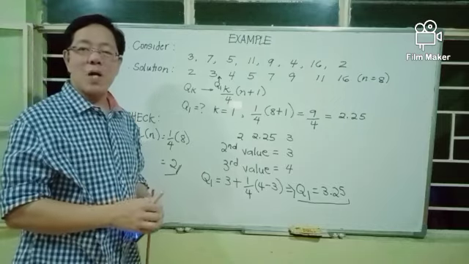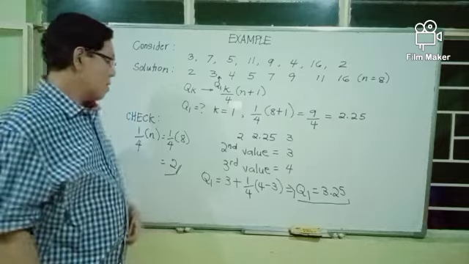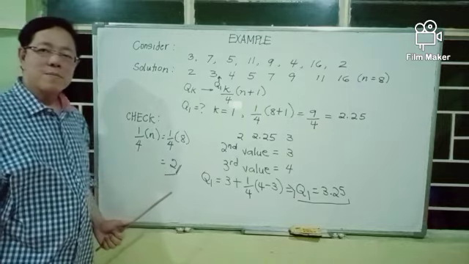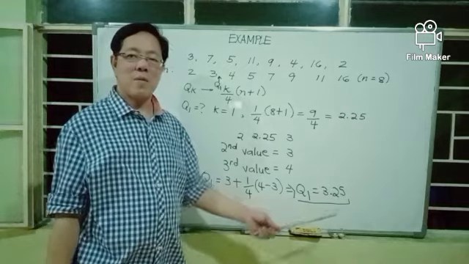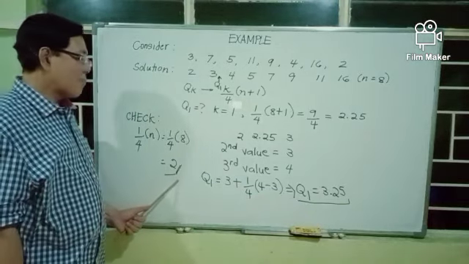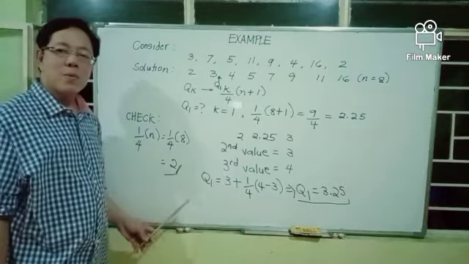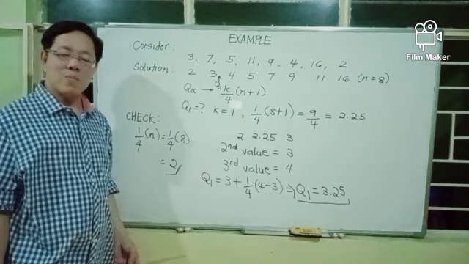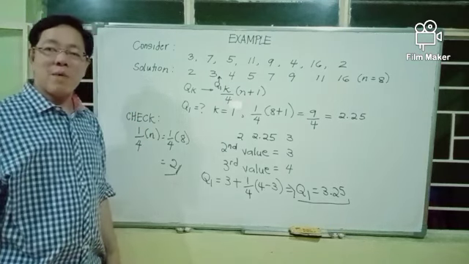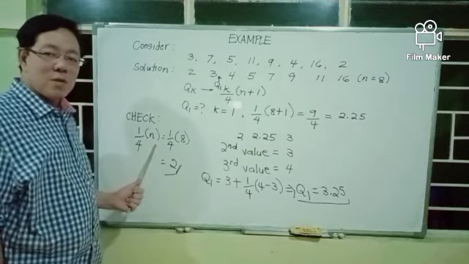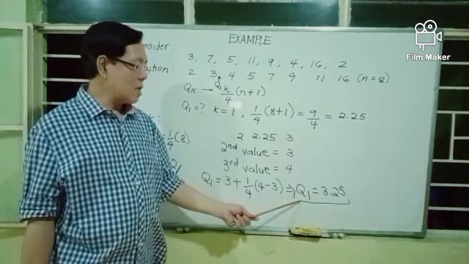2. At most, one-fourth of the values are less than the first quartile, 3.25. So the number of values less than 3.25 is 2 or 1 or 0, because the definition says at most one-fourth of the measurements or the values given are less than or below the first quartile.